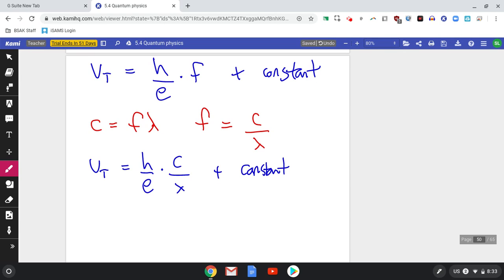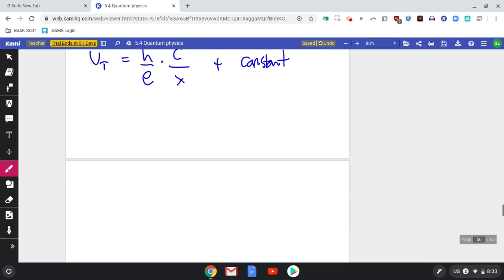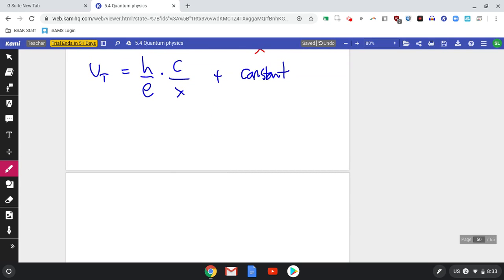Now, one last little tweak is just rearranging the h over e and c over lambda. I prefer it like this. We've got hc over lambda multiplied by 1 over lambda.